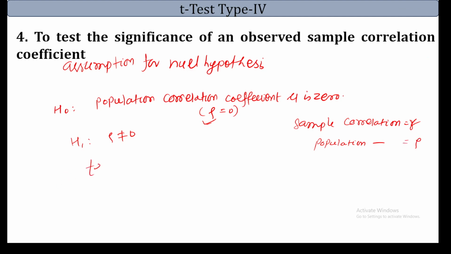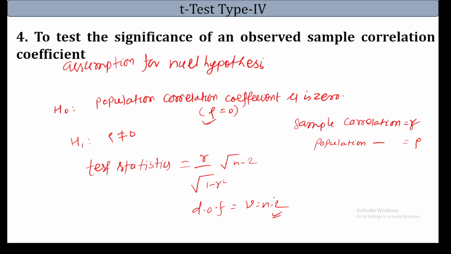So the test statistic will be t equals R root under n minus 2 upon 1 minus R square, and degree of freedom will be n minus 2.